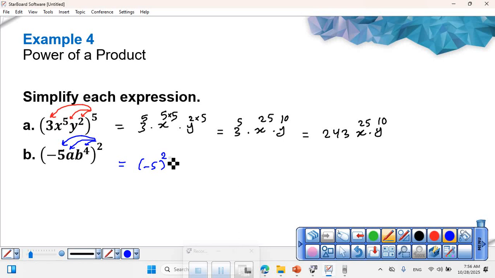That's 5 to the power 2, a to the power 2, also b to the power 4 times 2. Don't forget this. This equals, I think, 25, because negative to the power 2 is positive, 25 a squared b to the power 8. That's it.